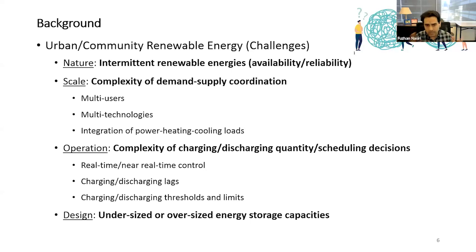The scale is big, the operation is complex, and when we design something, it could quickly become obsolete when many more users join the network, the population is going up, the load demand is changing, and there is always a lag between updating the design in order to catch up with the changes in operation. So this discrepancy leads to having, most of the time, undersized energy storage or undersized renewable energy technologies in place.